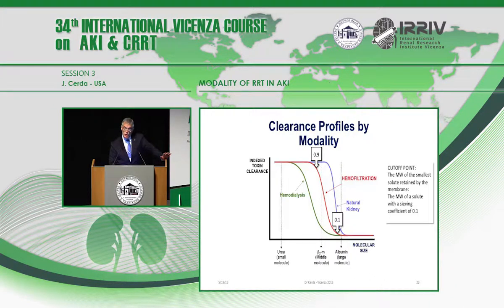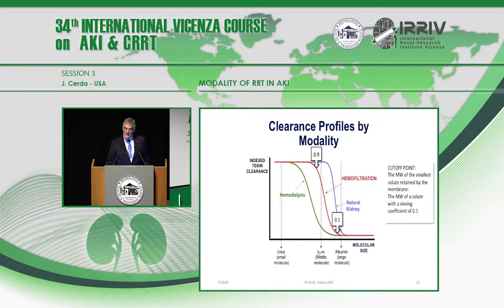The diffusion of molecules or the convection of molecules across the membrane is also determined by the cutoff point, and you have heard cutoff mentioned many times already during the previous sessions, in that essentially solutes, either in hemofiltration, natural kidney function, or hemodialysis, are defined by the cutoff point, which is the molecular weight of the smallest solute retained by the membrane, in this case about 0.1.